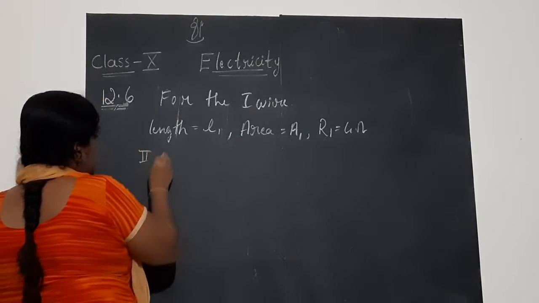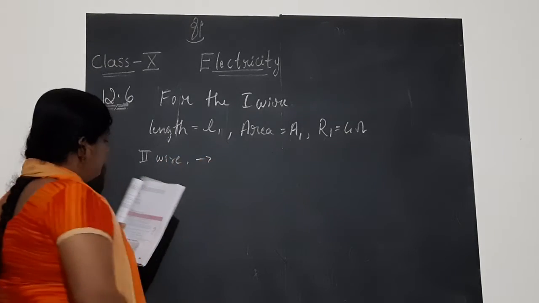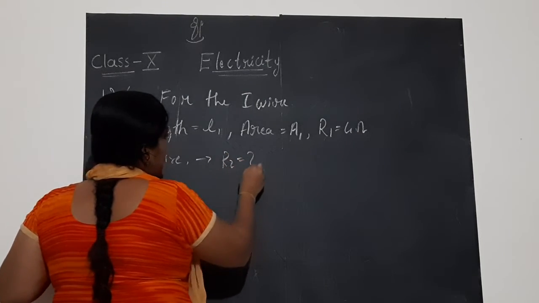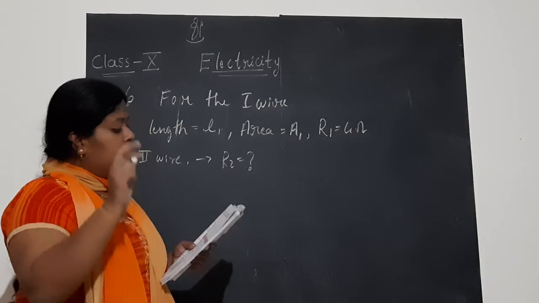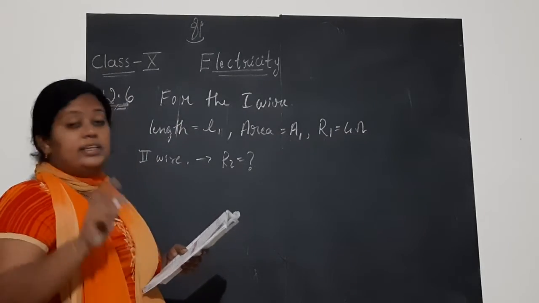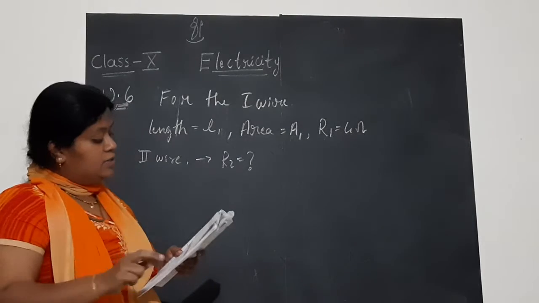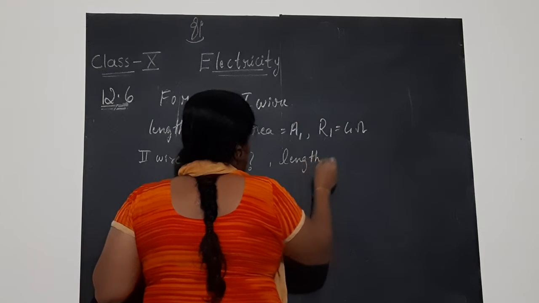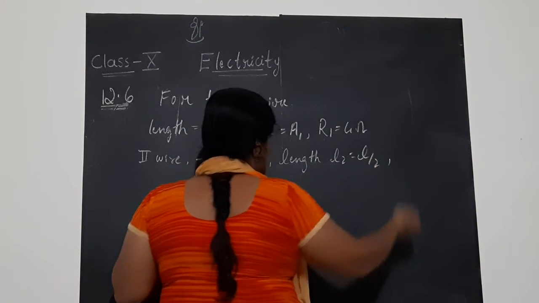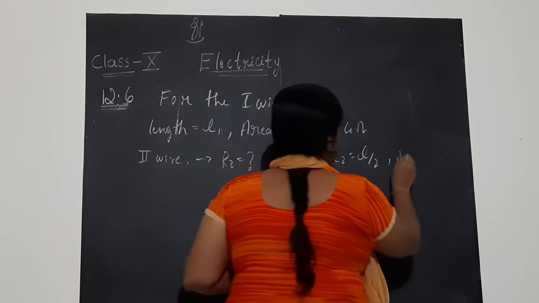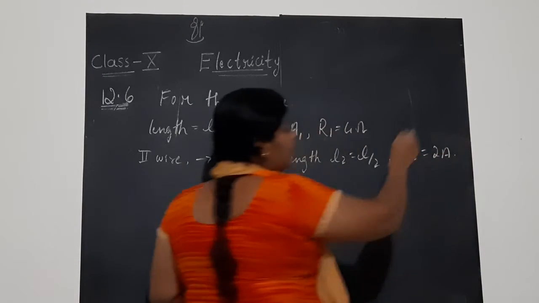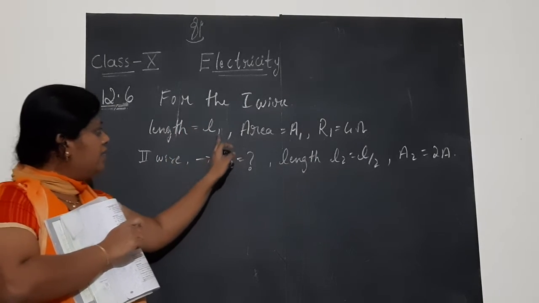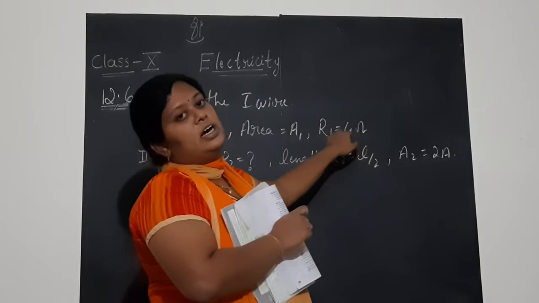Now for the second wire, similarly, what would be the resistance of another wire? Clearly R2 we don't know. Of the same material, this is very important, underline that, same material is being used. Having length L by 2, means length L2 is L by 2 and area of cross section A2 is twice, means 2A. For the first wire, length is L1, area is A1, resistance R1 is 4 ohms.